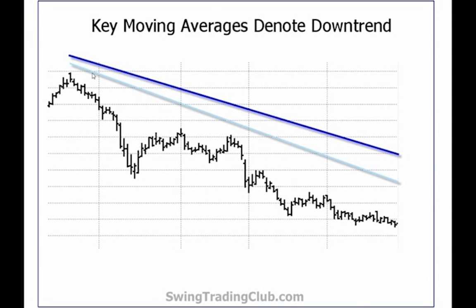Our fast moving average, the light blue, is below the slow moving average, and the price is below both. That's a stock in a downtrend. We're not going to touch stocks like this. See, avoidance is half the battle. We want to focus on stocks that are in an uptrend. So this tells us instantly that this is a stock that we're not going to work with.